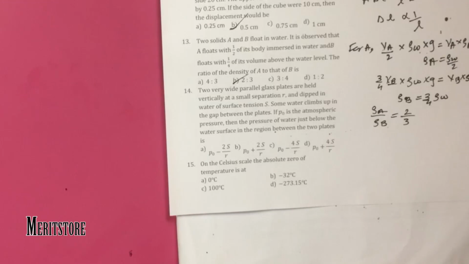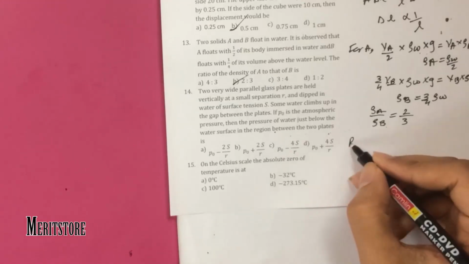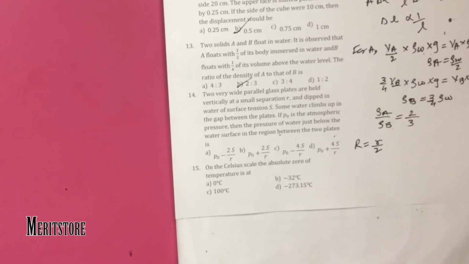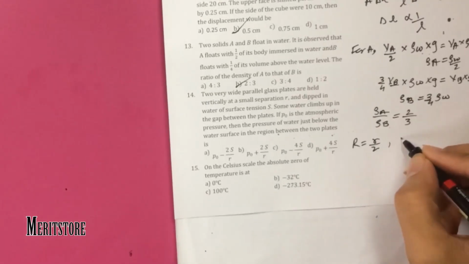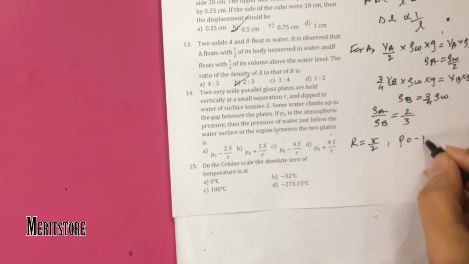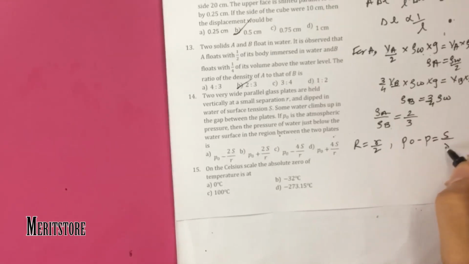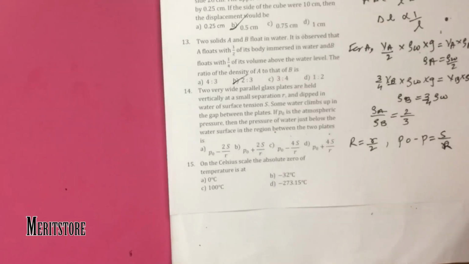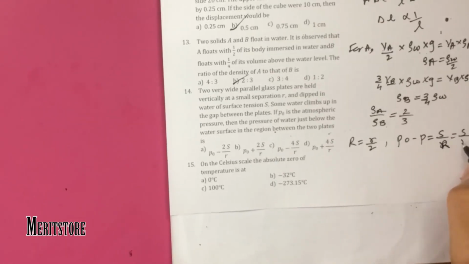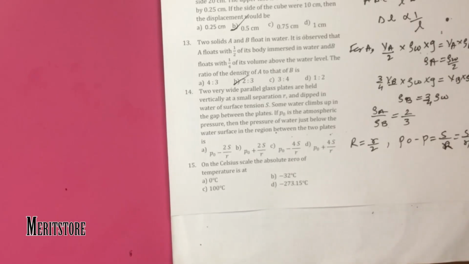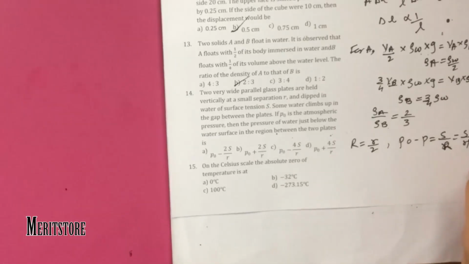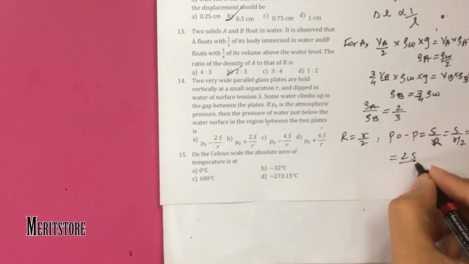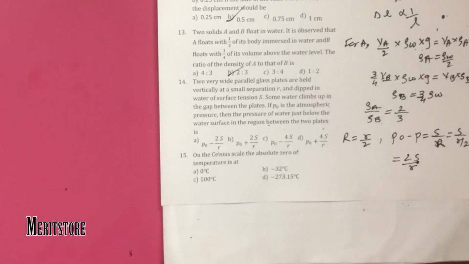The radius of curvature of meniscus, capital R, would be equal to small r by 2. Now for a cylindrical surface, P0 minus P equals S by R, that is capital R. This capital R is nothing but small r by 2, so it becomes S by (small r by 2), which is equal to 2S by small r.